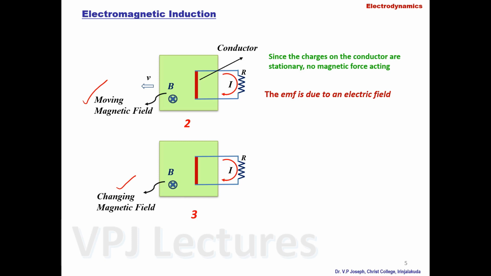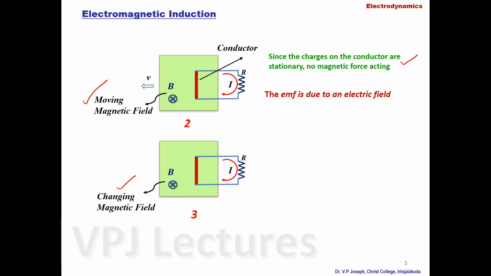Since the charges on the conductor are stationary, there is no movement of charges, and so no magnetic force acting. In the first case, the Lorentz force comes into the picture, but in this case, there is no Lorentz force.